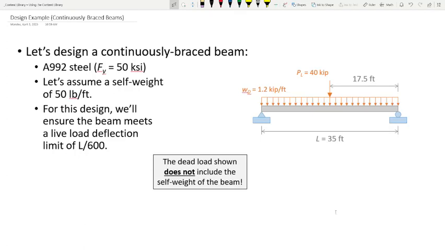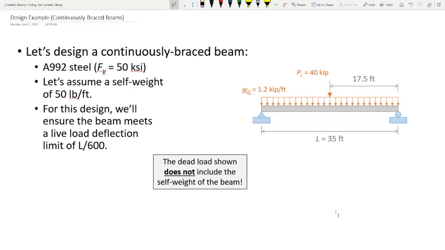Now this dead load, this 1.2 kips per foot, does not include the self-weight of the beam. To be clear, there might be some problems later on this semester where I say, whatever dead load is given, just assume that it incorporates the self-weight of the beam, and if that's the case, you don't need to go back and iterate things. However, for now, we are going to need to iterate our analysis for the self-weight of the beam, because we're not going to know whether or not this is going to be sufficient until we start getting into the math. You'll see what I mean here in a little bit.